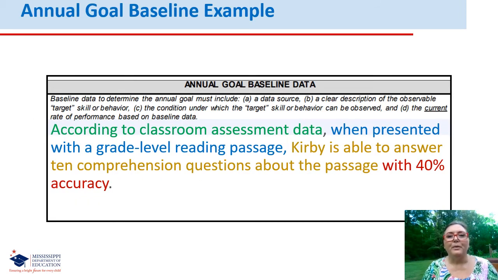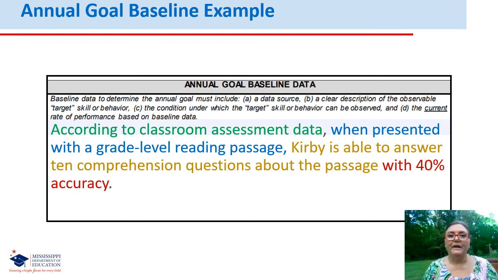So here's an example of a baseline, and notice that the color coding on this baseline matches the color coding that was on the previous slide. But here you have according to classroom assessment data. So there's our data source. When presented with a grade level reading passage, there's our condition. Kirby is able to answer 10 comprehension questions about the passage, that's the behavior, with 40% accuracy.